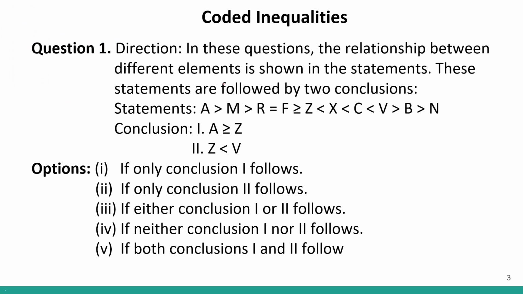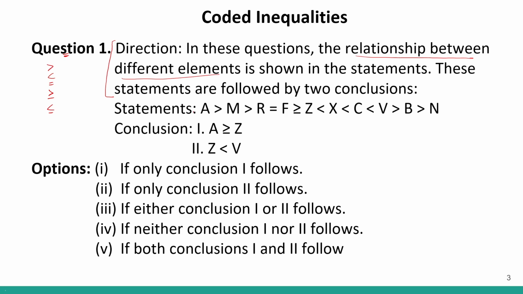So we will start with question number 1, example number 1. In your examinations, you will have directions given like this at the top of the questions. Basically, the direction says that in these questions, the relationship between different elements is shown in the statements. So these 5 symbols show the relationship between elements.